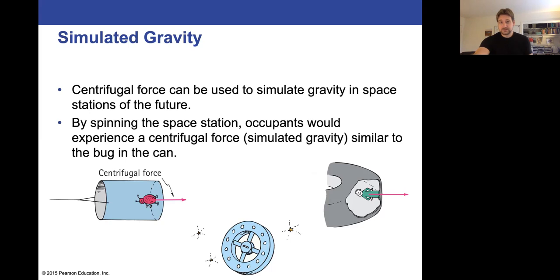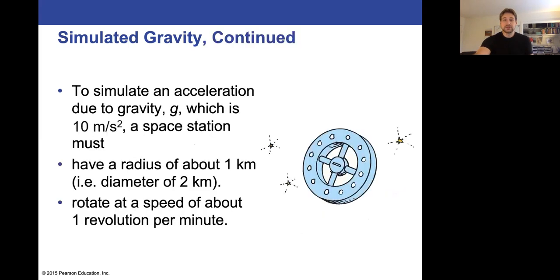Eventually, we can show that this is true, but in order to simulate Earth gravity, a rotating space station like this should have a radius of about 1 kilometer and rotate at about 1 revolution every minute.